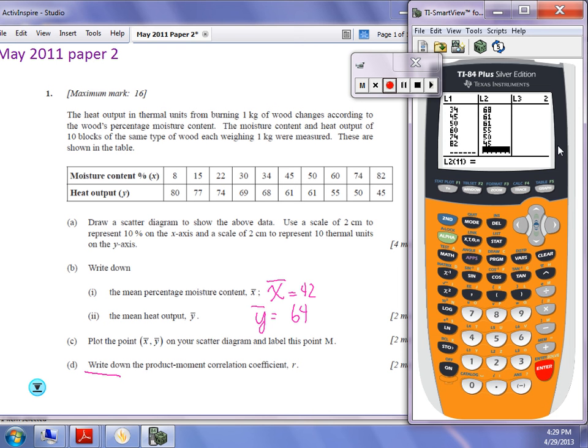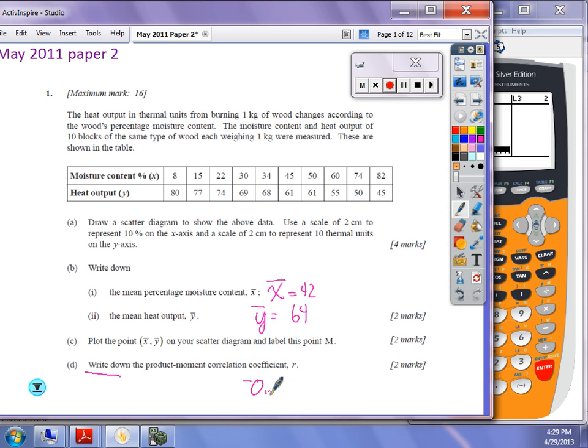So you're going to do Stat, Calculate, and option 4 on your calculator is LinReg. When you hit enter, since you've turned your diagnostics on, you'll see that the correlation coefficient is negative 0.99, and then a 7 and some other higher number after the 7.